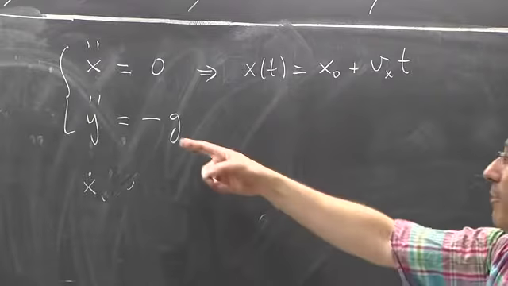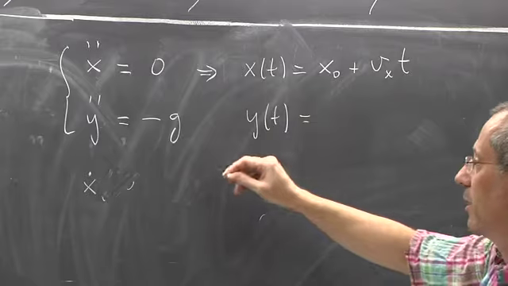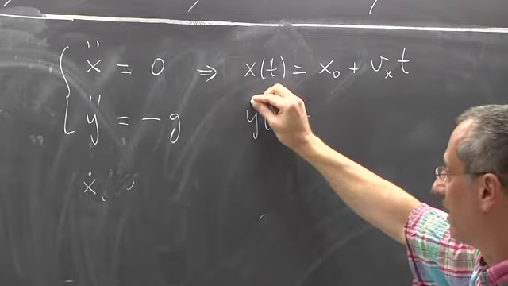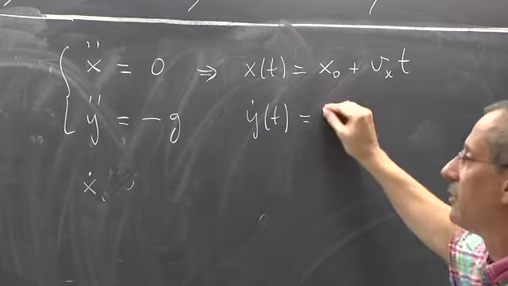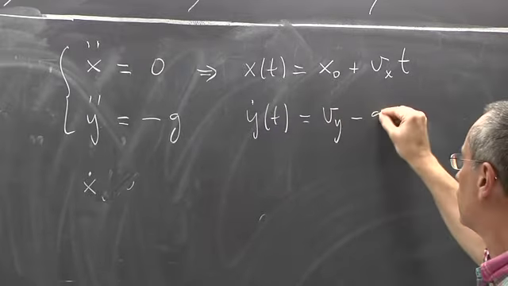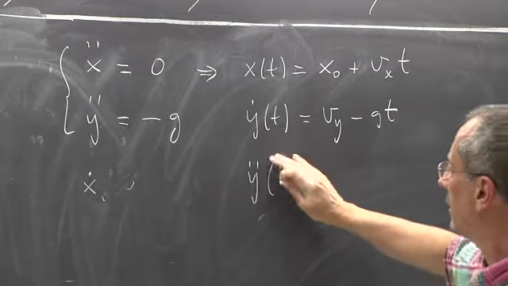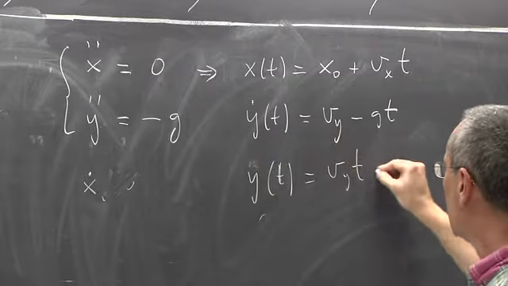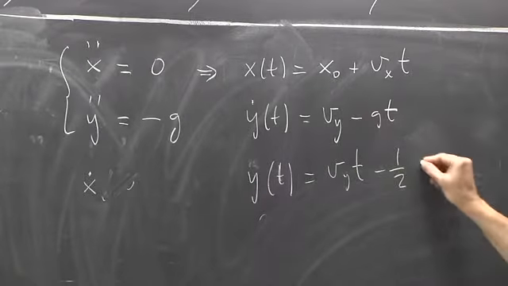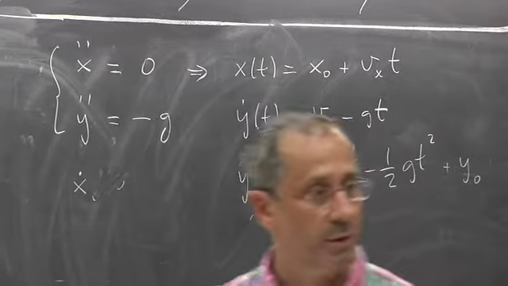How about this? The y dot is going to be the initial value that I call Vy minus gt, right? Therefore, by just integrating this, I have the position that is just Vy t minus 1/2 gt squared plus whatever is my initial position, okay?